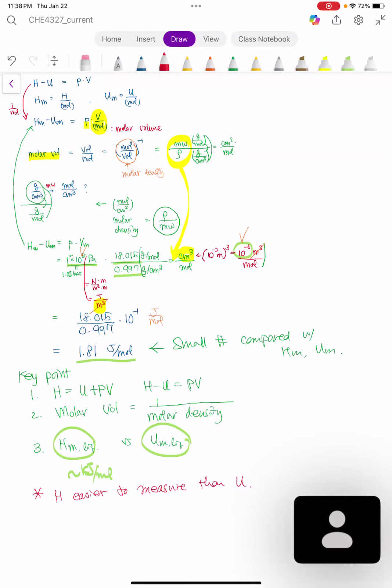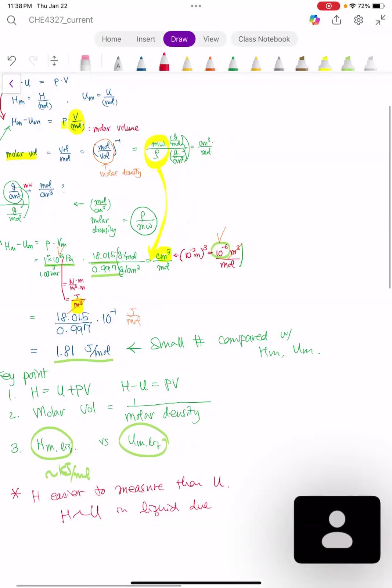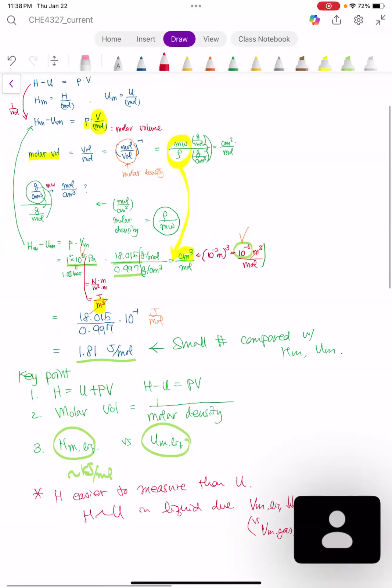But since H is almost equal to U in a liquid system, why is that? You can see it's because the Vm of liquid is really, really small compared with the Vm of gas. That's the primary reason why the difference between H and U in the liquid is small.